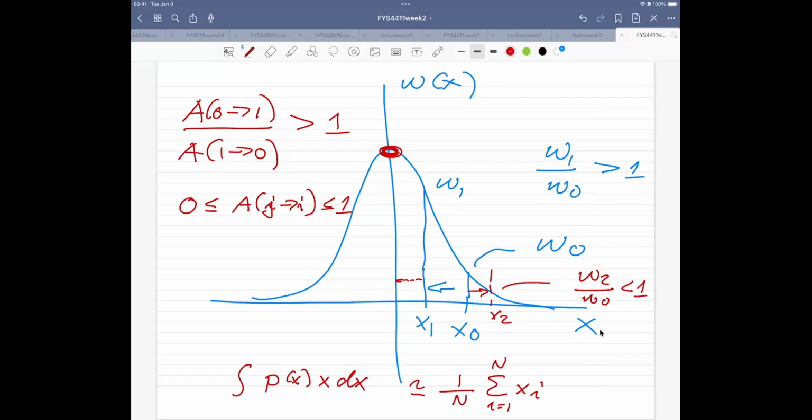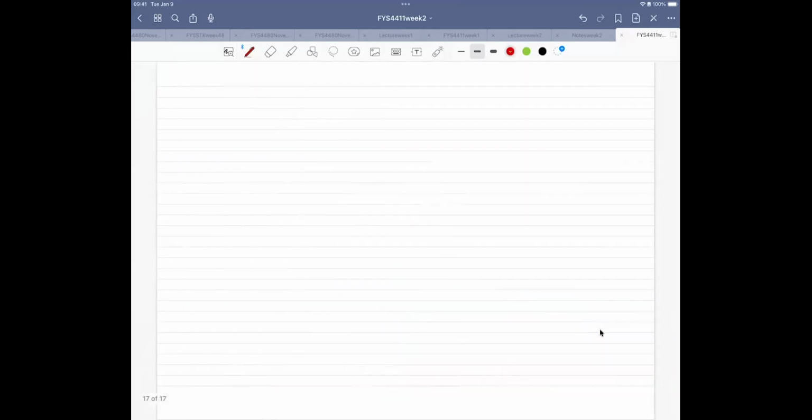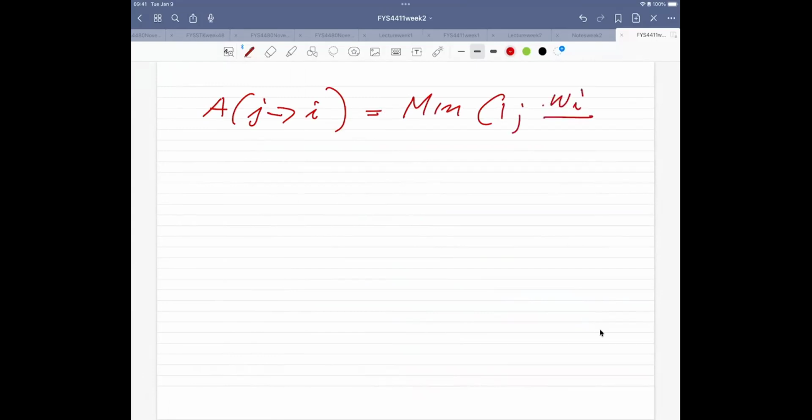When I look at this specific ratio, I can simply say that A of j goes to i is equal to the minimum of 1 and Wi over Wj.